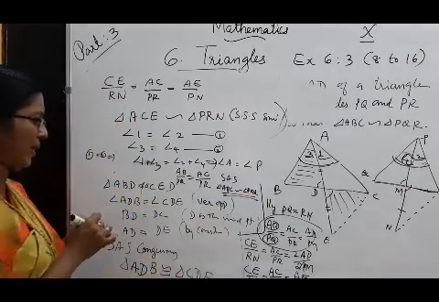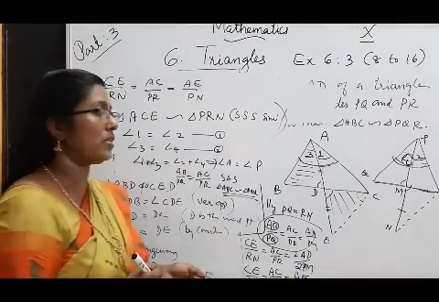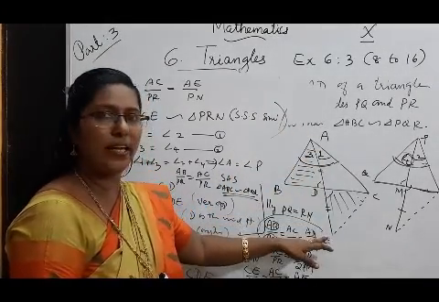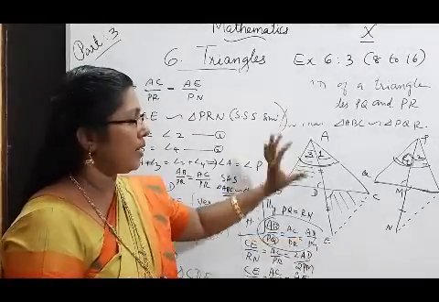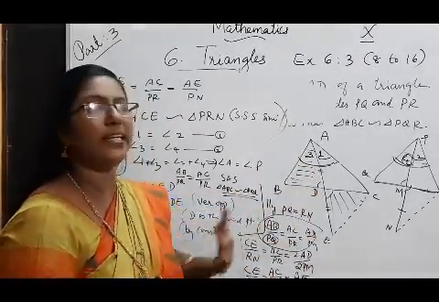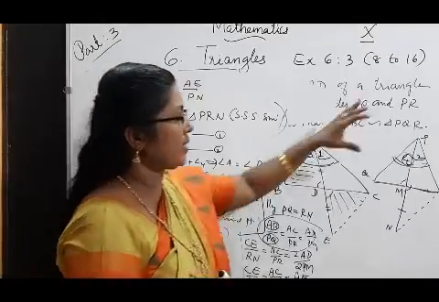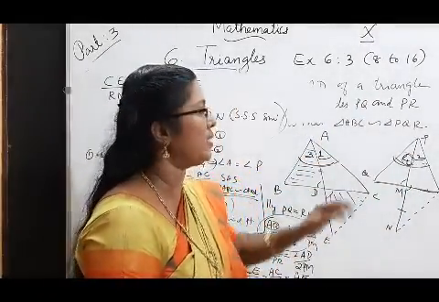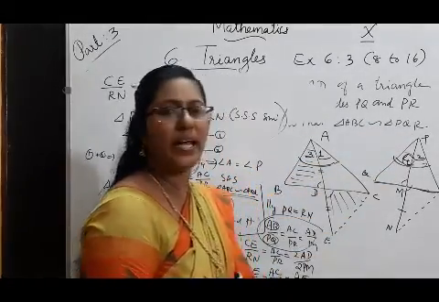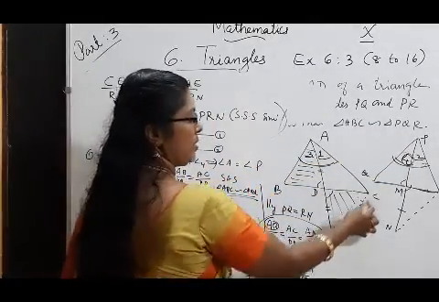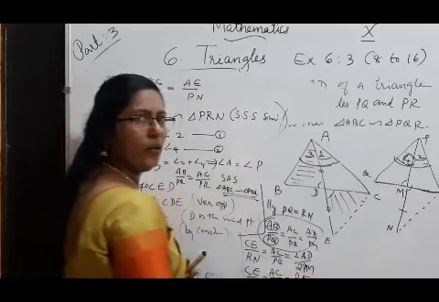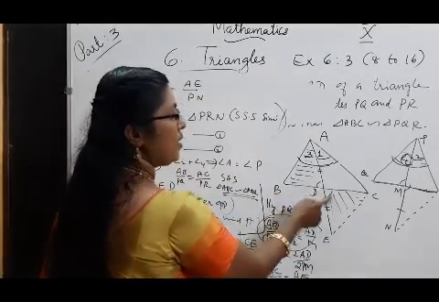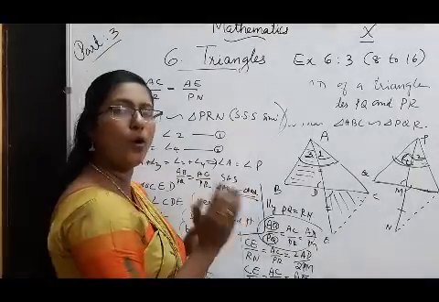Okay, I repeat. First of all, this is an important question. First of all, extend AD to E on the condition AD and DE are equal, and extend PM to N, that is also the same condition, PM and MN are equal. Then join CE and RN. The next aim is to show these two triangles are congruent, not similar, congruent.